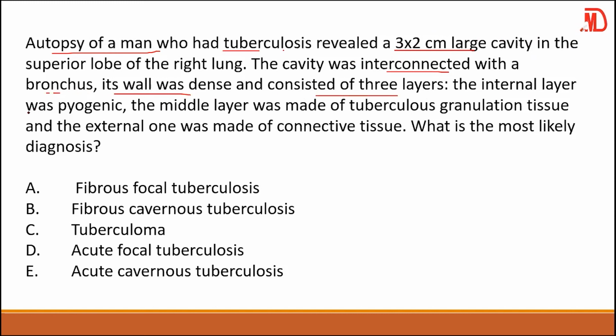The internal layer was pyogenic, meaning pus infection is there. The middle layer was made of tuberculous granulation tissue, and the external one was made of connective tissue. So what is the most likely diagnosis? Anytime they're talking about a cavity in the lungs, please, we are thinking of what? The word cavity also means cavern.